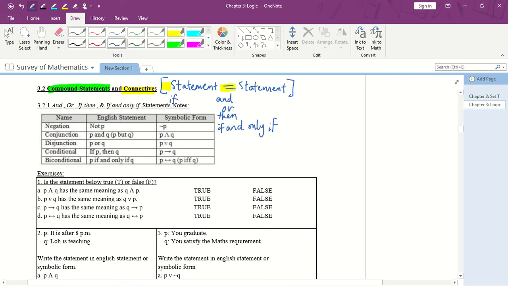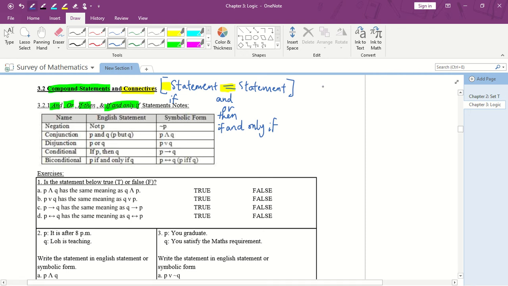Okay, so that is what we will be doing right now. Again, we connect statements using and, or, if then, and if and only if as our connectives to make a compound statement.